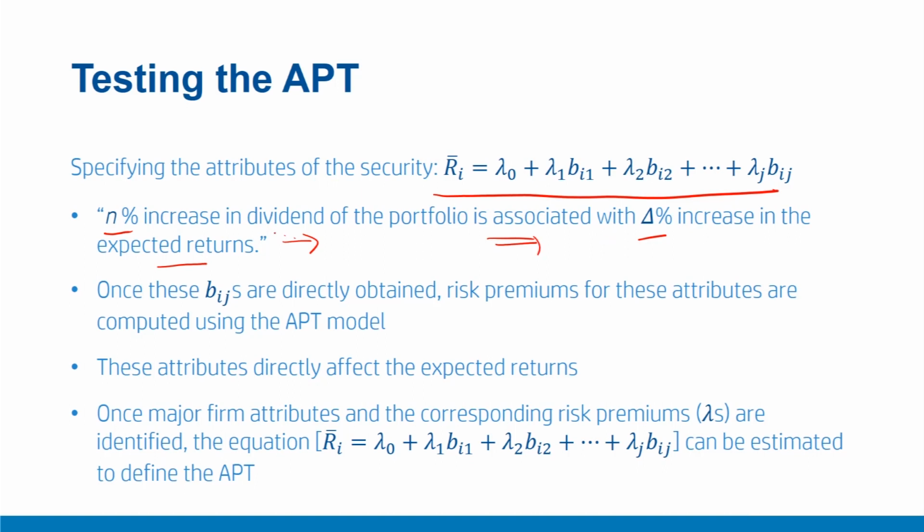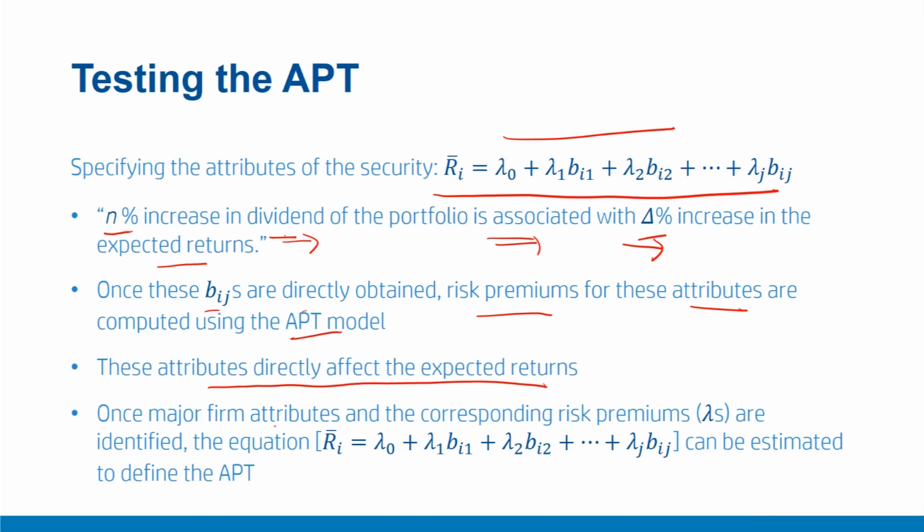So we can quantify a certain level of dividend, or the change in level of dividend, with a certain change in expected returns. Once these Bijs are directly obtained in the form of security specific characteristics, then lambdas, or risk premiums of these security specific characteristics or attributes, can be estimated very easily from the APT model through a methodology such as regression. We must remember that these attributes are important because they directly affect the expected returns.